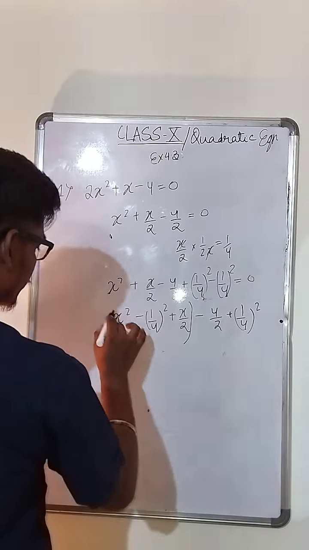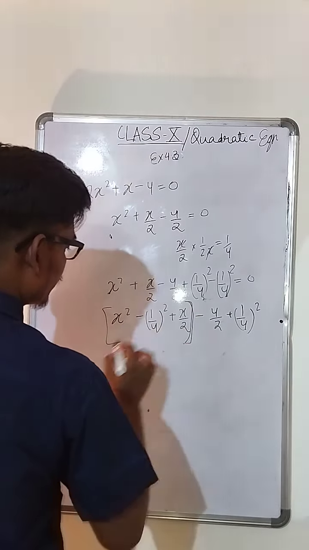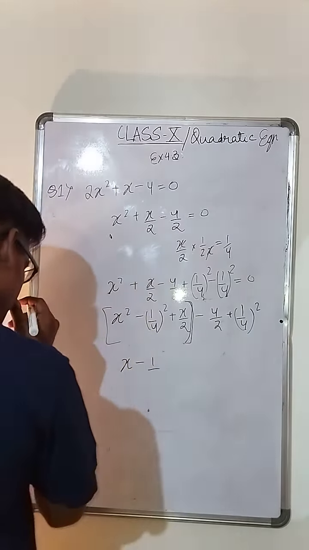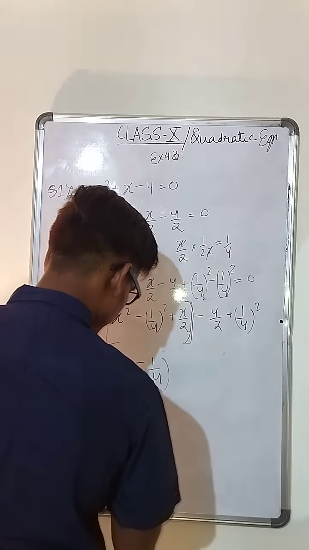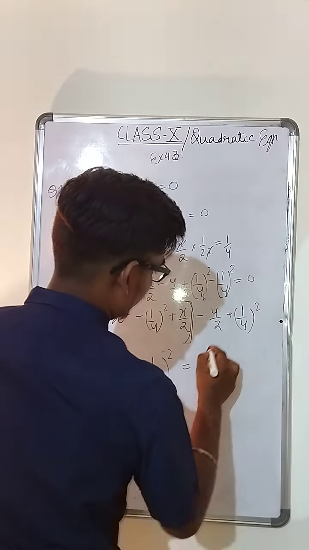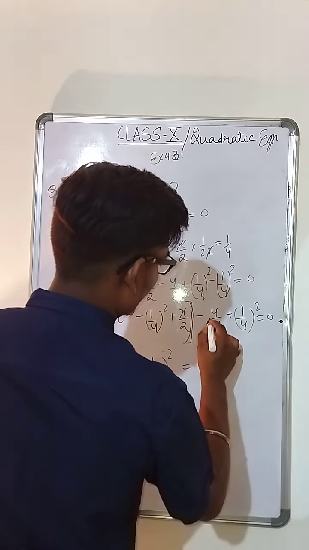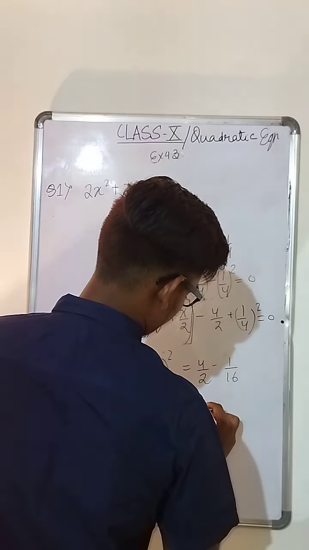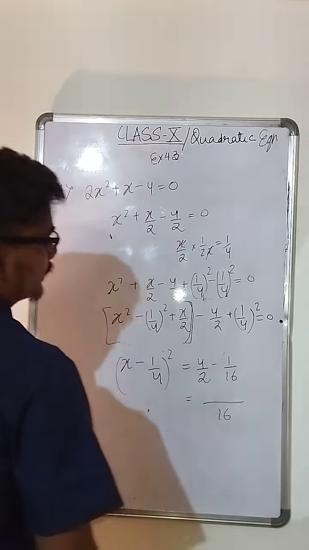Now taking this part only, it will become x minus 1 by 4 whole square, and this one will be equal to 0. Taking it to the right hand side, it will be 4 by 2 minus 1 by 16. What will it become?